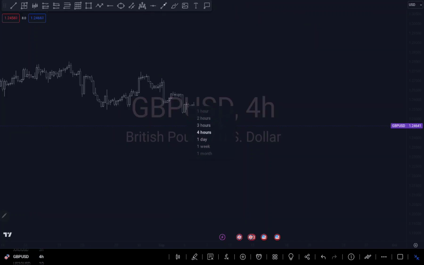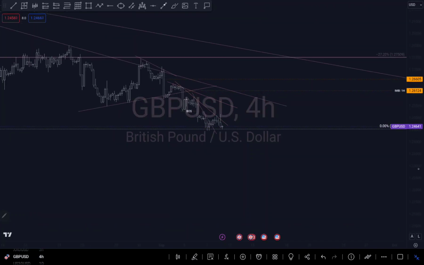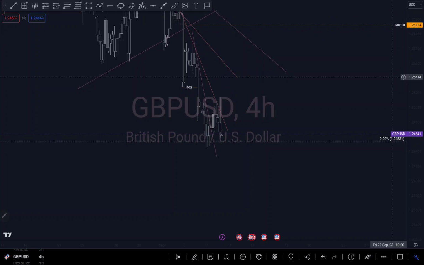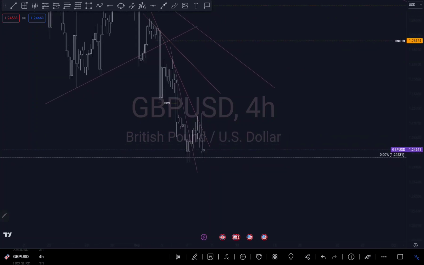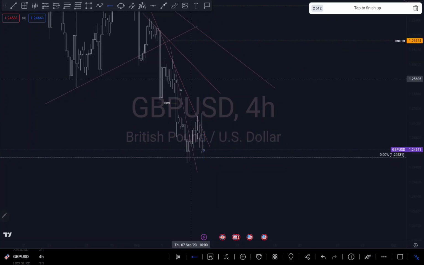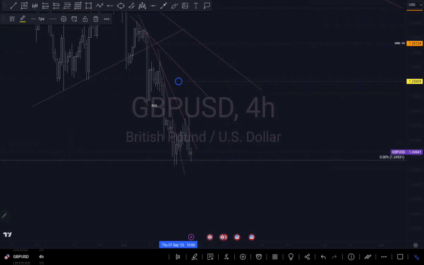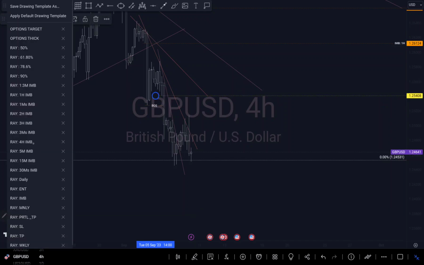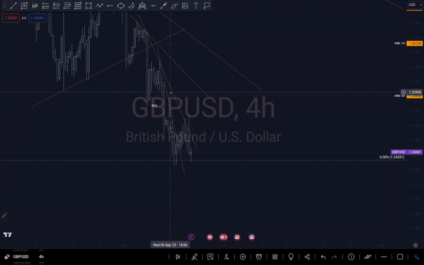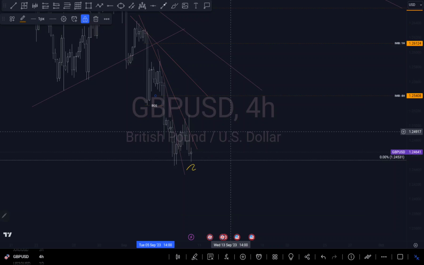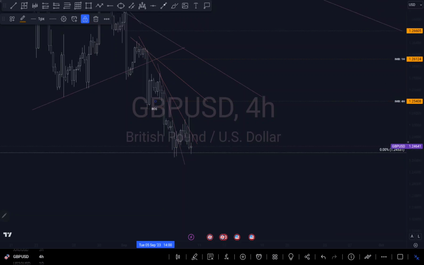I like going to a bigger time frame just to look at my overall thought on the market. I can put an imbalance here, so in case we push to the upside, that will be my possible target. I did that for the 4 hours. And even on the downside, we can see it's rejecting around the zone. So I think we're gonna push up to my imbalance right here.